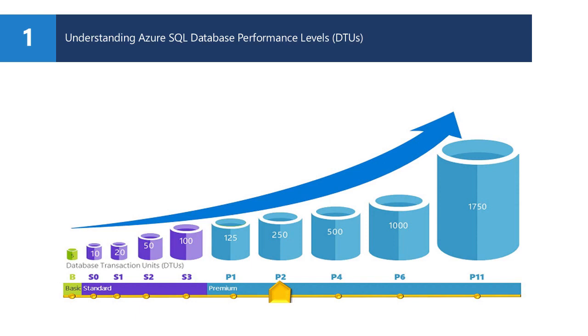The standard S0, which I'm using in this demonstration, has 10 DTUs. The DTU is derived from a benchmark created by Microsoft, using a database schema, data population, and transactions designed to be representative of database operations most commonly used in transactional processing workloads.